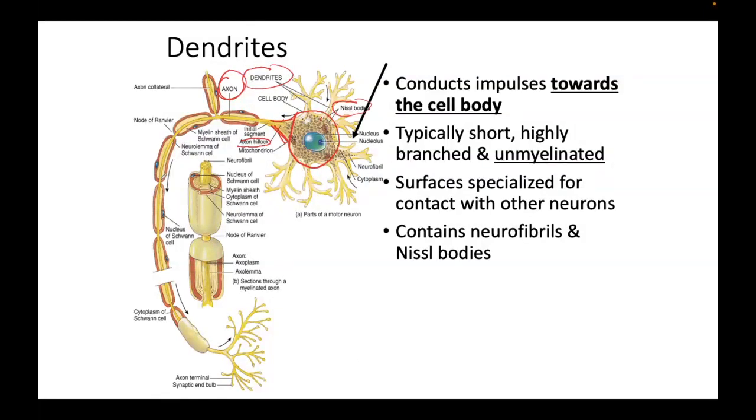And you could see that it's insulated. It's insulated because of the Schwann cell. The Schwann cell wraps and wraps and wraps around like a jelly roll. It keeps insulating and wrapping around the axon. So that insulation is the myelin sheath.